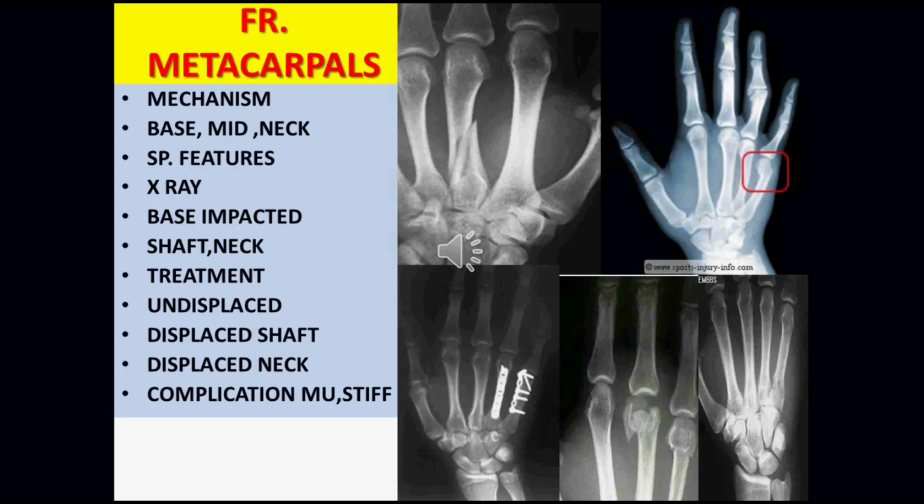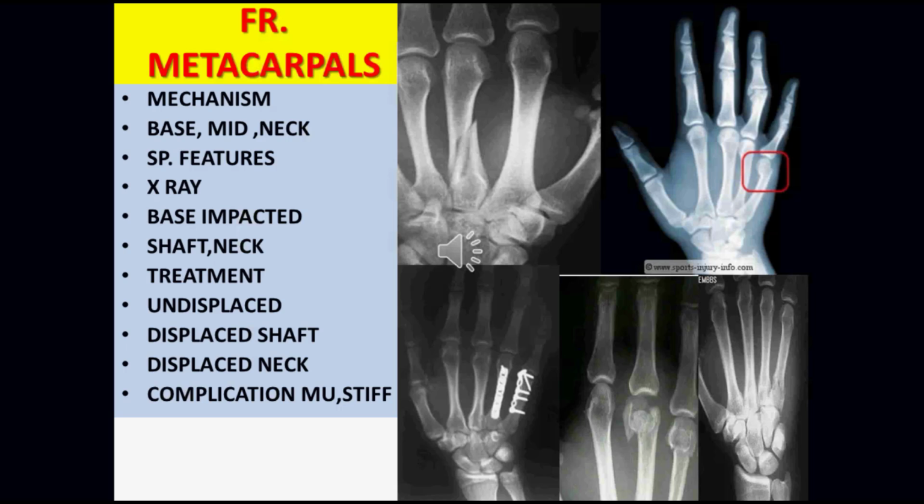Fractured metacarpals. The metacarpal bones are vulnerable to load and fall upon the hand. With the force of a boxer's punch, the bones may fracture at the base, the shaft, and through the neck. The mid-shaft angulation deformity is usually marked, and even if it is persistent, it does not interfere with the function.